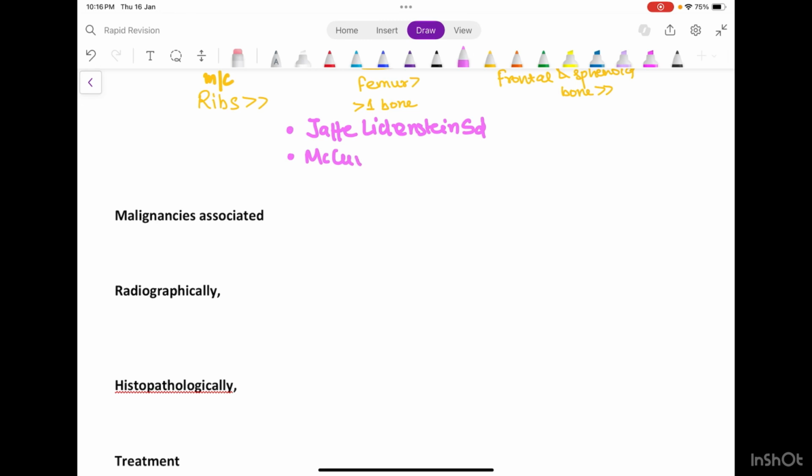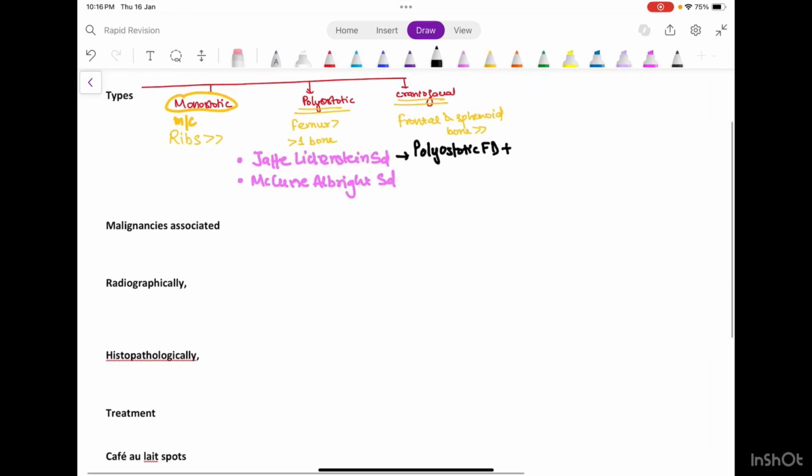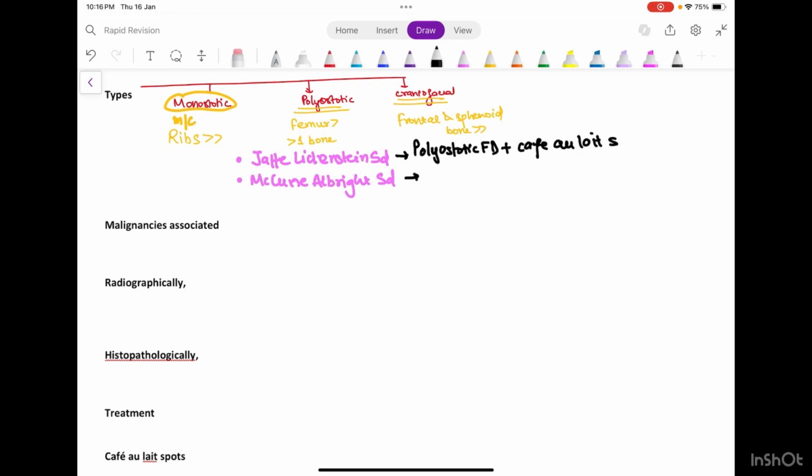Then McCune Albright syndrome. Now in Jaffe Lichtenstein syndrome, what we see is polyostotic fibrous dysplasia, plus we observe that there is café-au-lait spots. Whereas in McCune Albright we see both of them, plus we see endocrine abnormality.